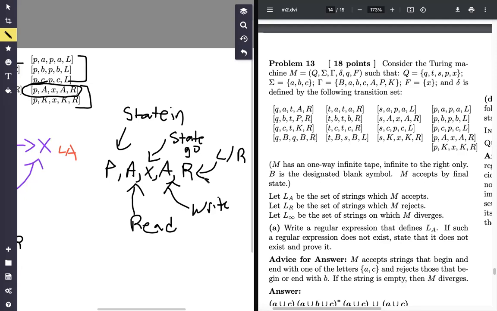Go to X, print A, go right. Yeah, I mean, you skipped read and the state you're in. Yeah. Okay.